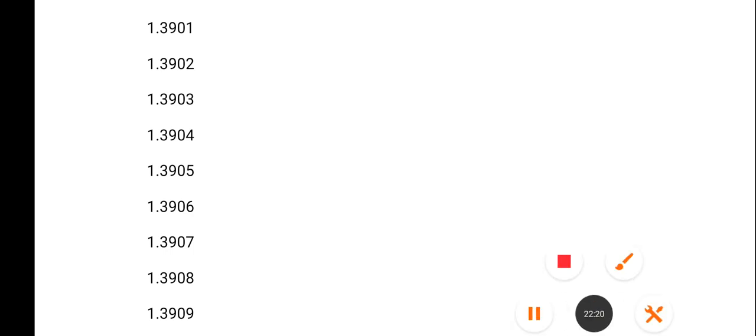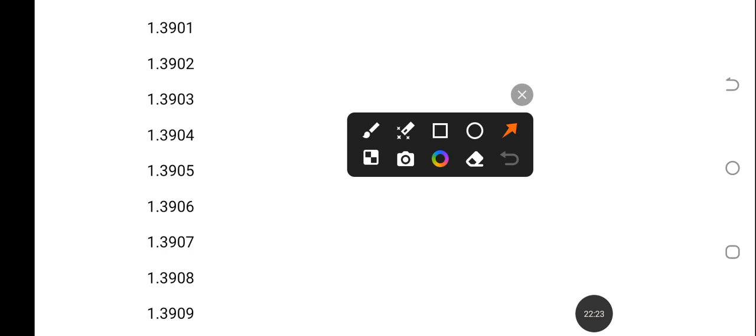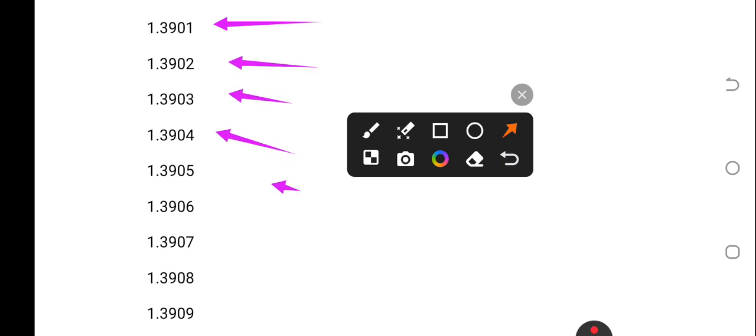So you can say that this Euro GBP pair has increased by 1 pip, it has increased by 2 pips, 3 pips, 4 pips, 5 pips, 6 pips, 7 pips, 8 pips, and 9 pips. That is if it is increasing.